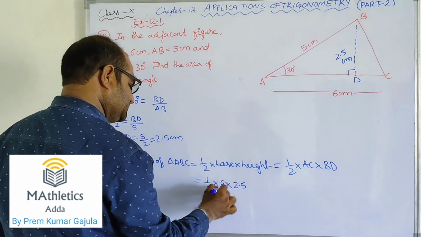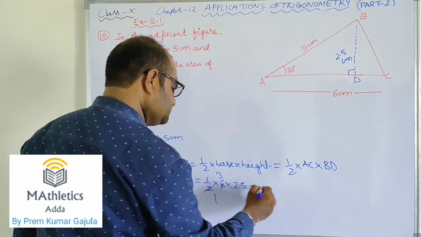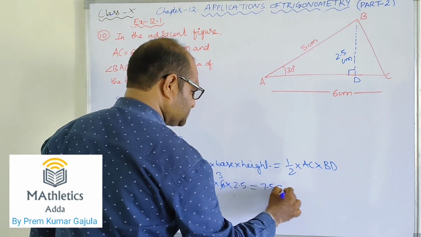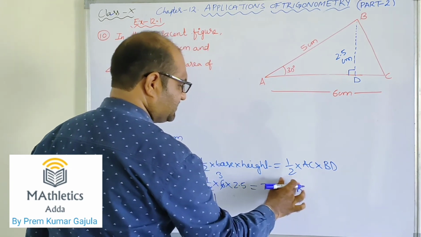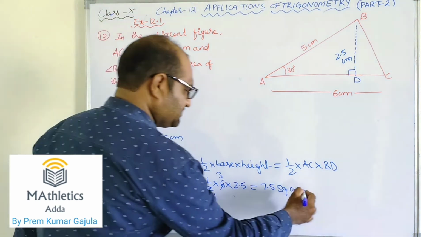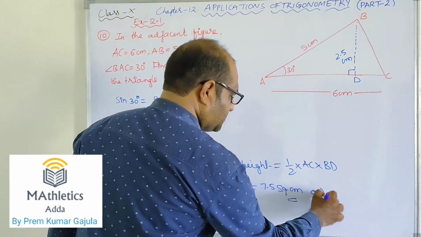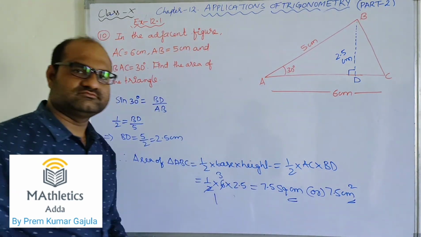So here 2 ones are 2, 3 2s are 6 and 3.5, you will get 7.5 square centimeter. Remember dear students, this is the area formula, so we will get square units, so you can write 7.5 square centimeters or 7.5 centimeters square.